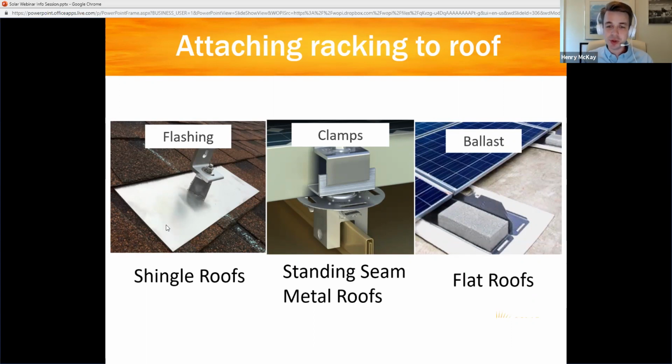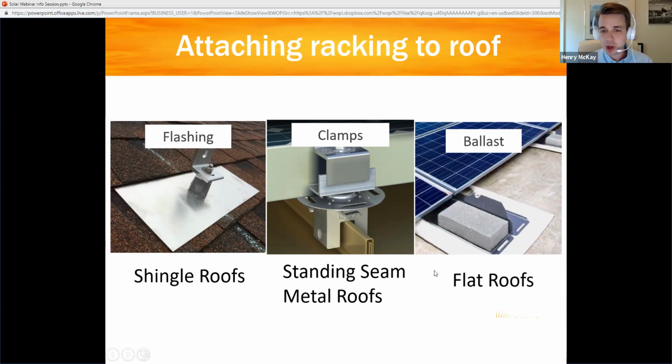There's no holes drilled in your roof, which is always nice. And then you can do it on flat roofs as well. So also with flat roofs, they avoid drilling holes, and you usually have a ballasted system where there's no penetration, but the rails are actually weighted down with bricks or cinder blocks to keep them from blowing away in the wind.